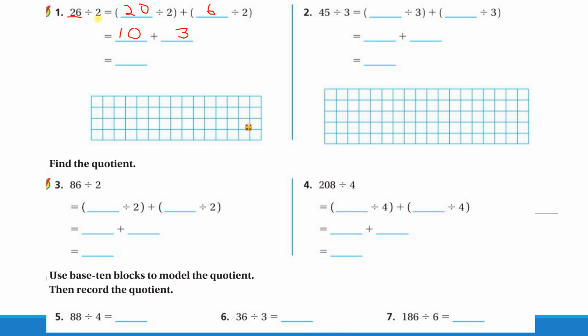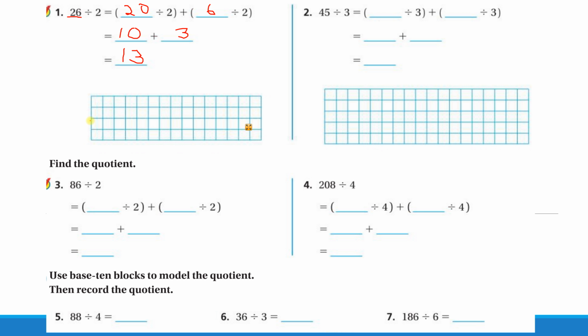So my answer to 26 divided by 2 is take those two partial quotients. Remember, partial product was part of the answer to a multiplication problem. Now we have partial quotients, part of the answer to a division problem. So 13.